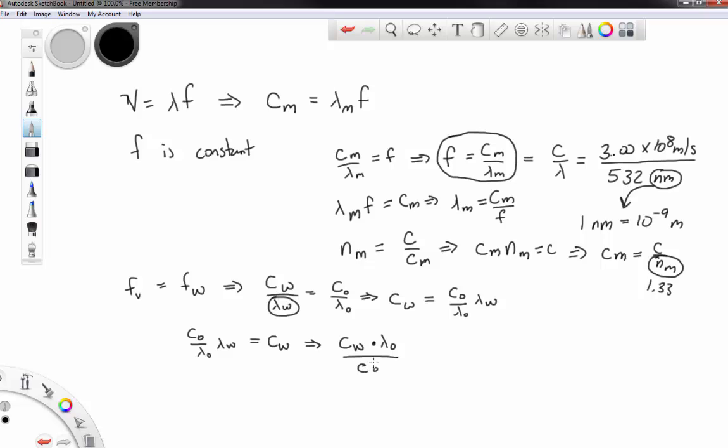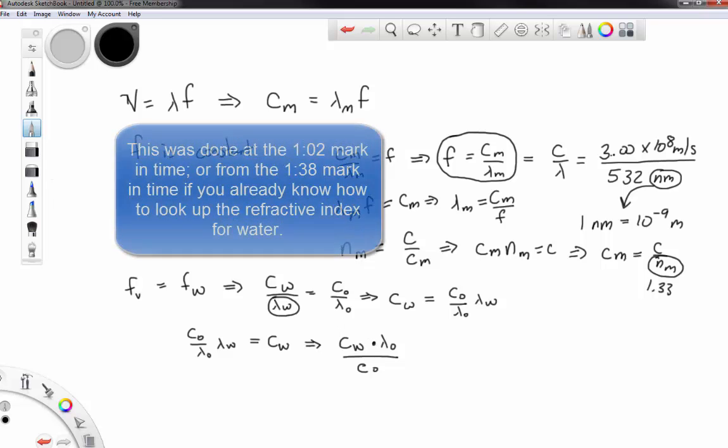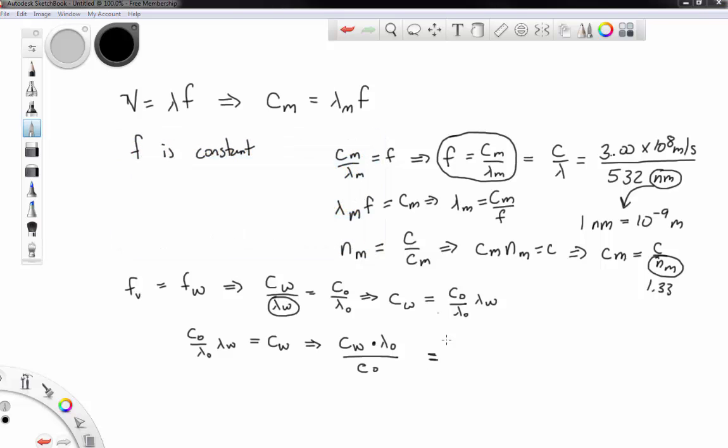So now we're ready to start plugging some numbers in. And in case you've forgotten already what the speed of light in water is, we happen to have solved that in one of the earlier problems. It's the first example I did, so you can rewind if you'd like to figure out how to solve for the speed of light in water.